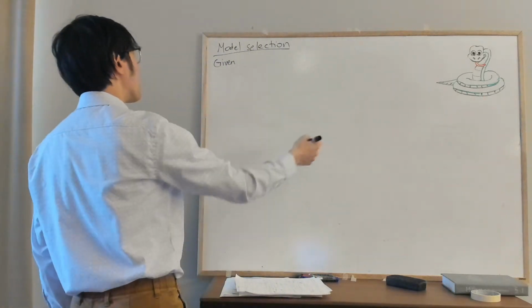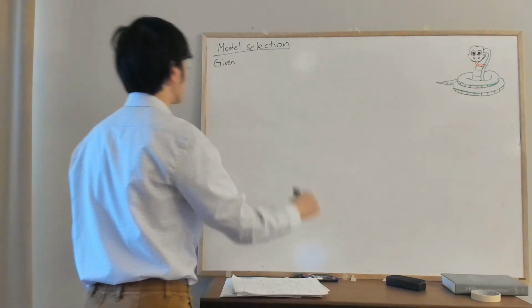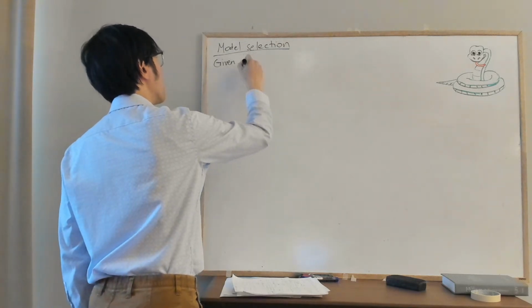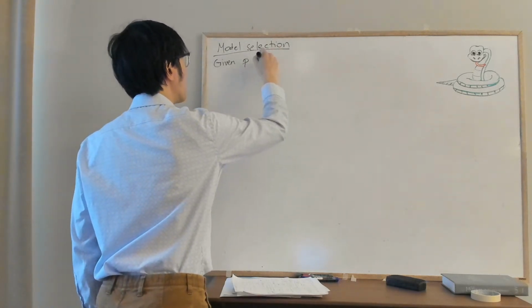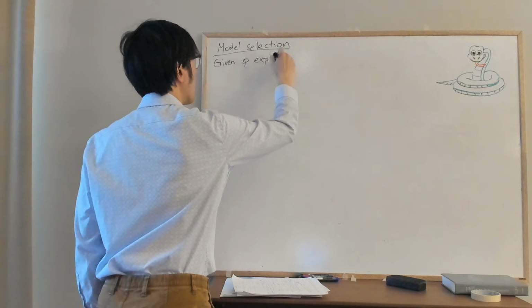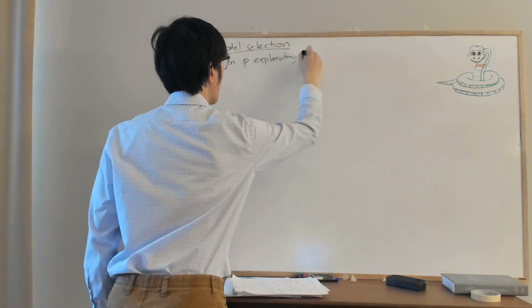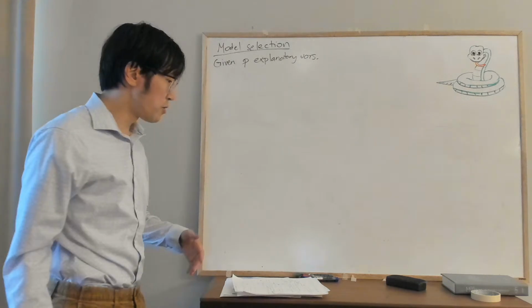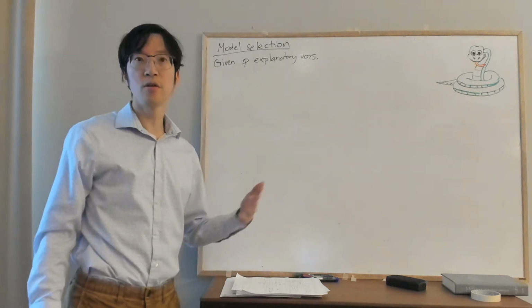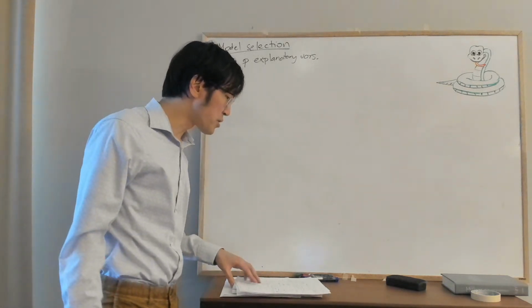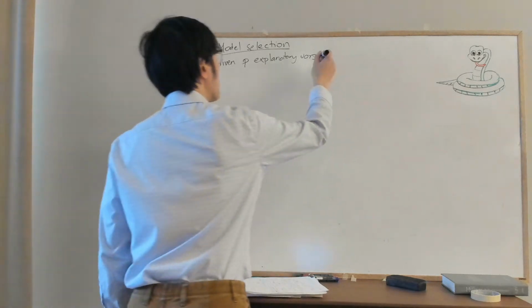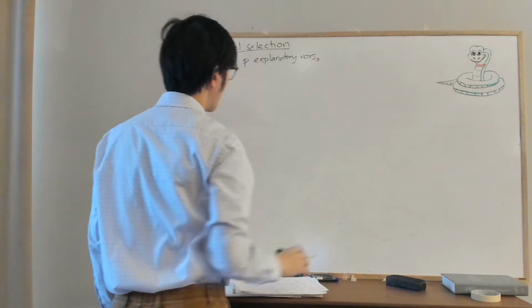So we can frame this general problem like this: given that we have p explanatory variables or predictors, we want to find the best subset of them to use for building our model.